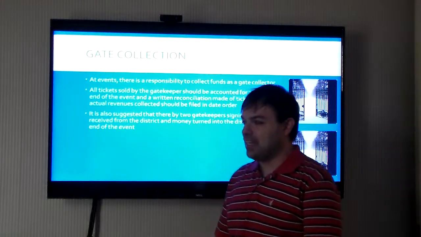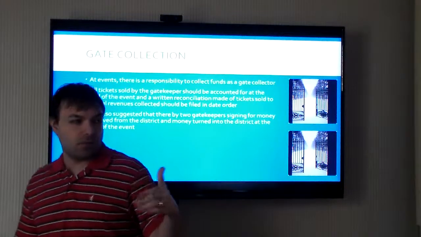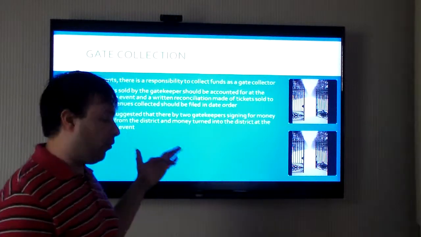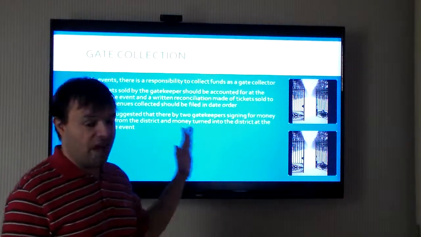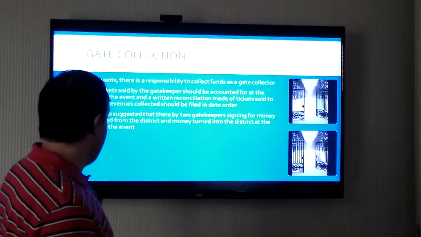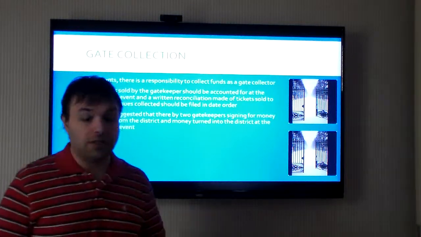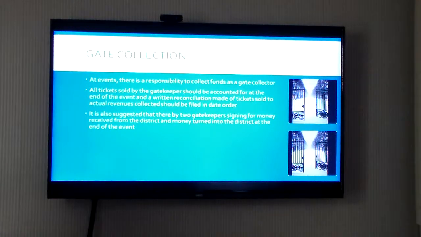Anytime there is a gatekeeper selling tickets, they have the responsibility to keep the numbers of how many tickets were actually sold. They have to write a written reconciliation at the end of the event so that they can show that the revenues match the tickets that were sold. And then they suggest that two gatekeepers should actually audit and approve this for every event that's attended at the school level.